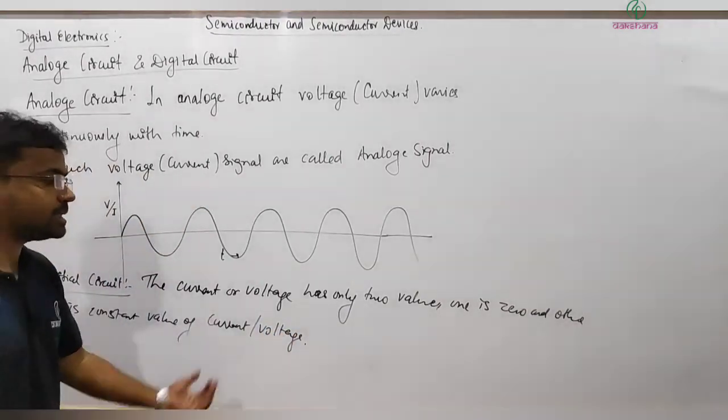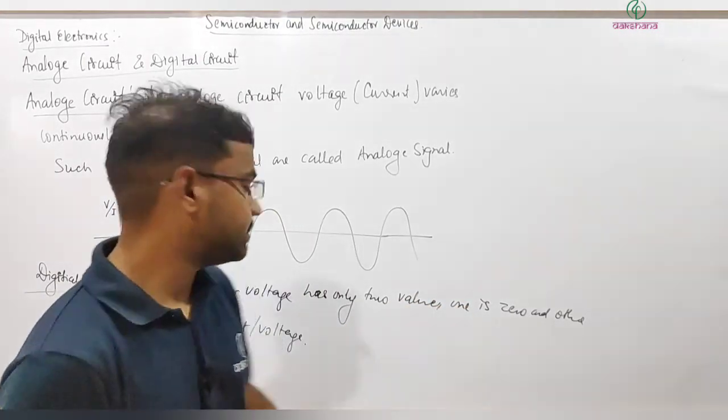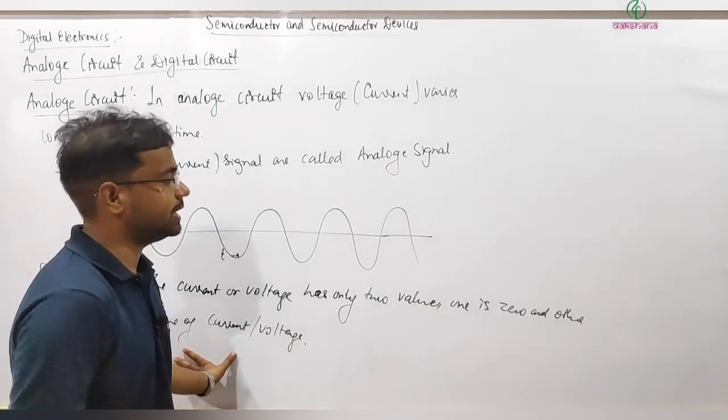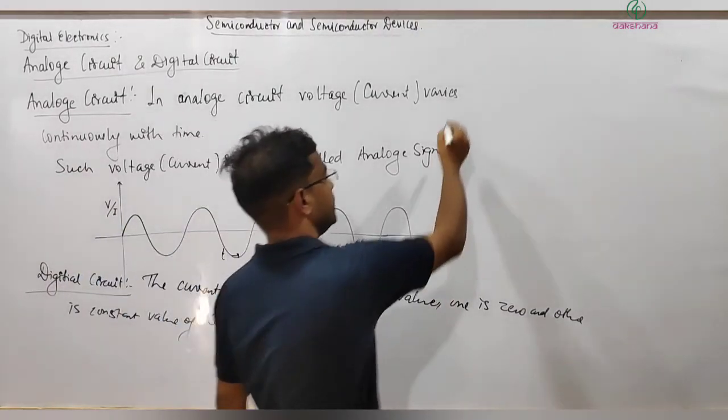A circuit having only two values of current or voltage, one 0 and another some constant value, is termed a digital circuit.